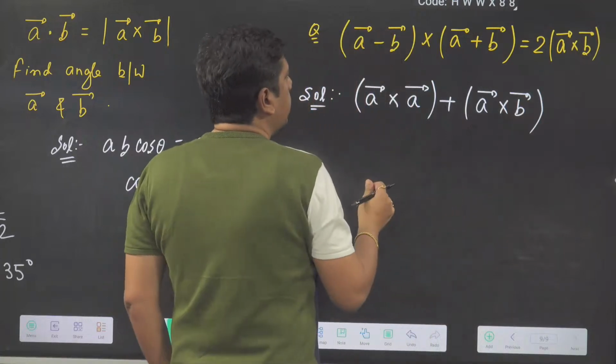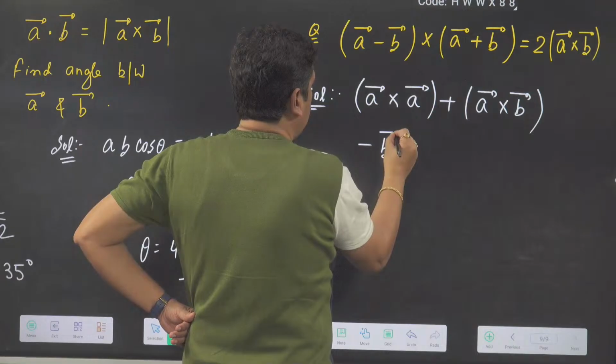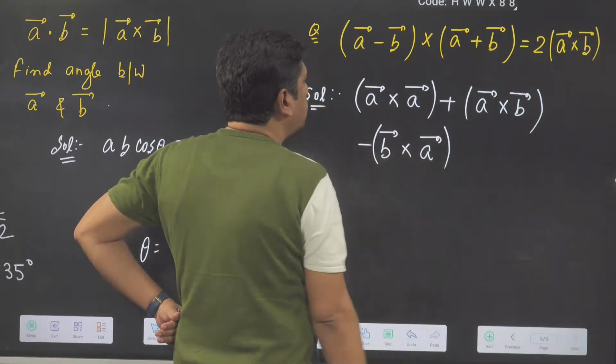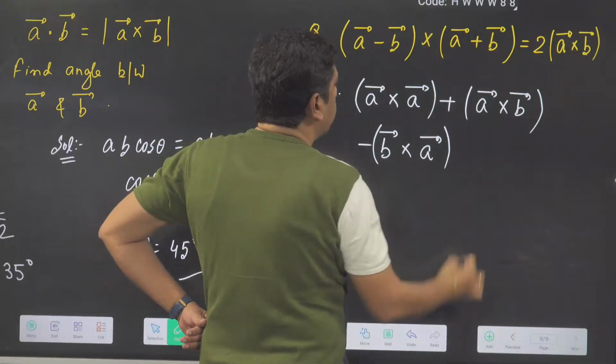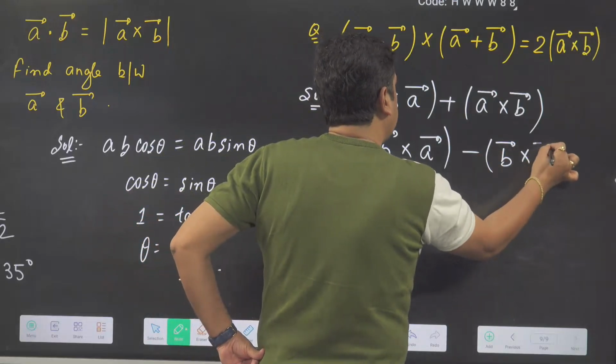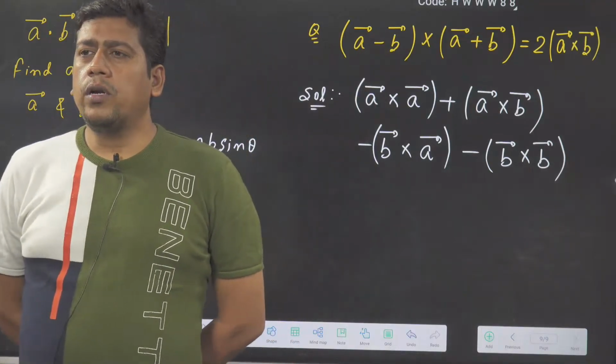Okay. Then minus B cross A. Minus B cross A. Then minus B cross B. 4 terms will be there. Okay? 4 terms will be there.